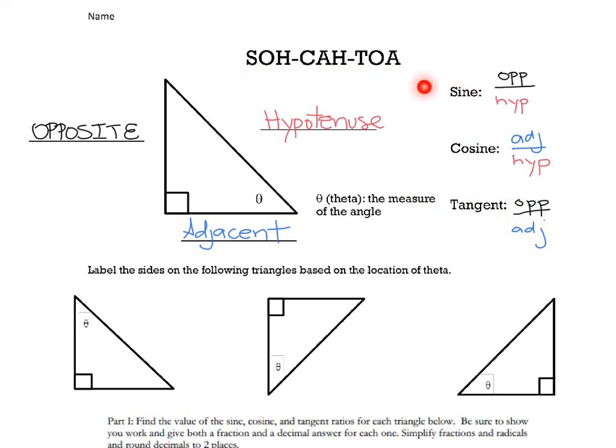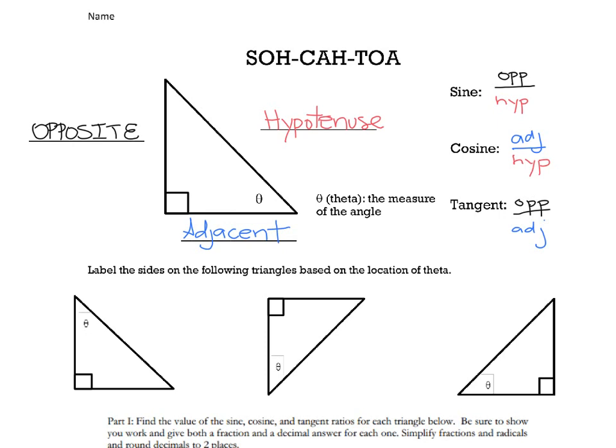This is why SOH CAH TOA is important and helpful for you to memorize, because sine is opposite over hypotenuse, cosine is adjacent over hypotenuse, and tangent is opposite over adjacent. SOH CAH TOA. This basically helps you remember this part right here. Very important. You have to have this memorized when we are solving right triangles by trig.